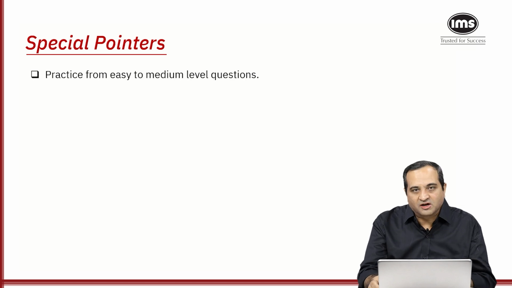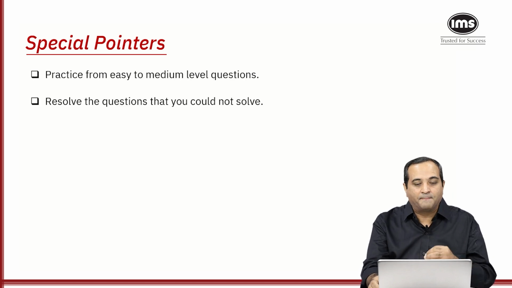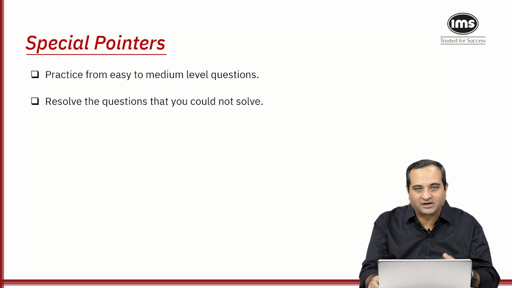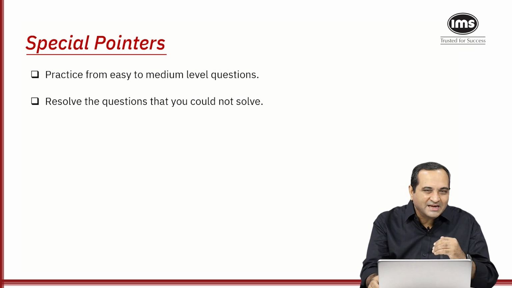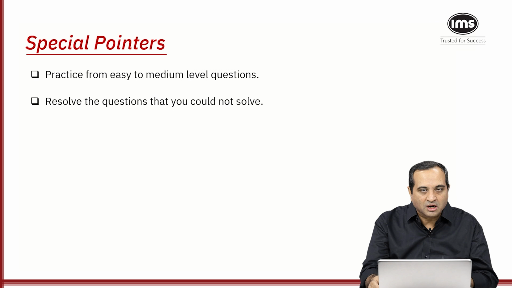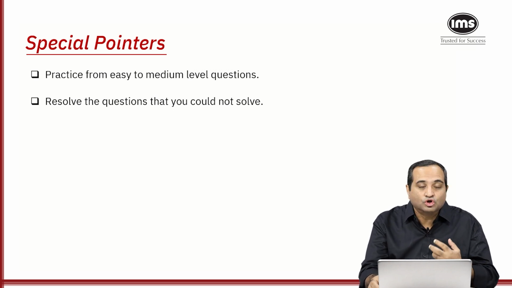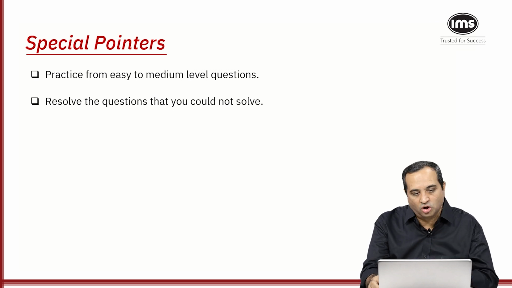Now, first thing, once your concepts are done, make sure that you solve practice questions. Solve as many questions as you can for practice. Okay. Also make sure that you solve questions from easy level to medium level, because as I said, the questions are easier, but just in case you get more difficult questions, you should be prepared for that. So make sure that you solve the medium questions also.